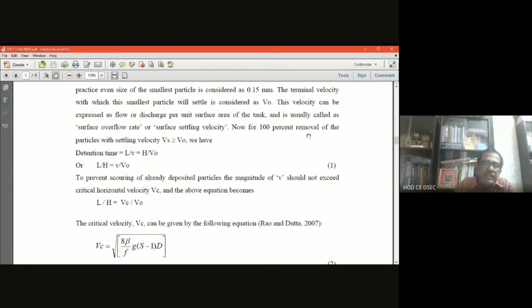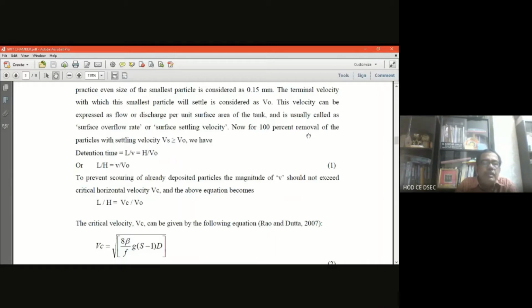Since both give the detention time, we can equate L by V to H by V0. So L by V equals H by V0 equals detention time, and we can conclude that L by H equals V by V0.